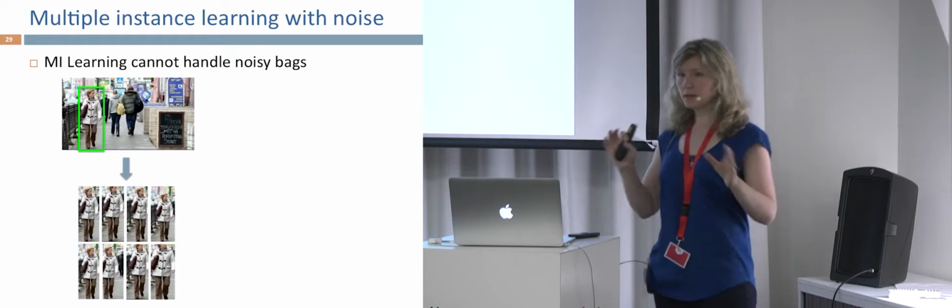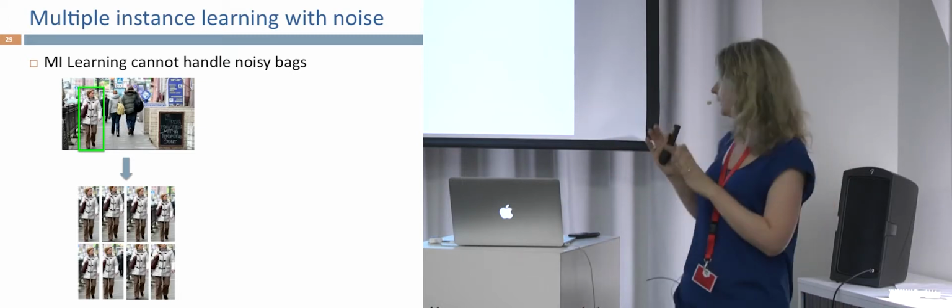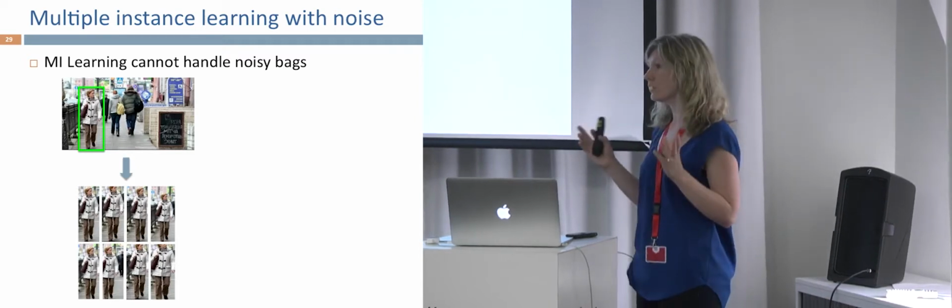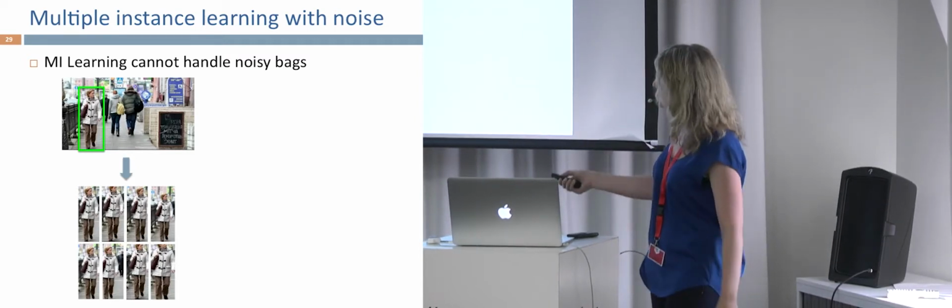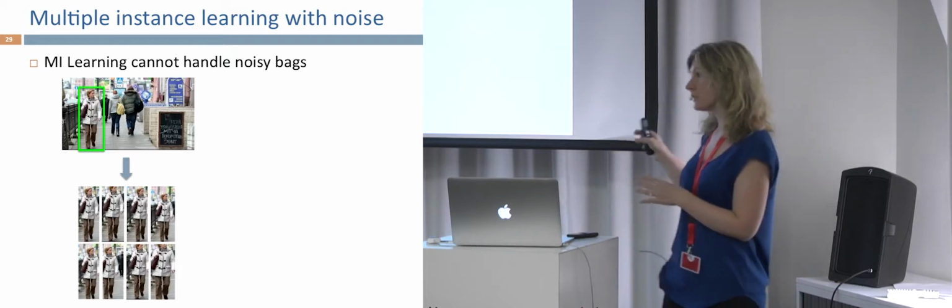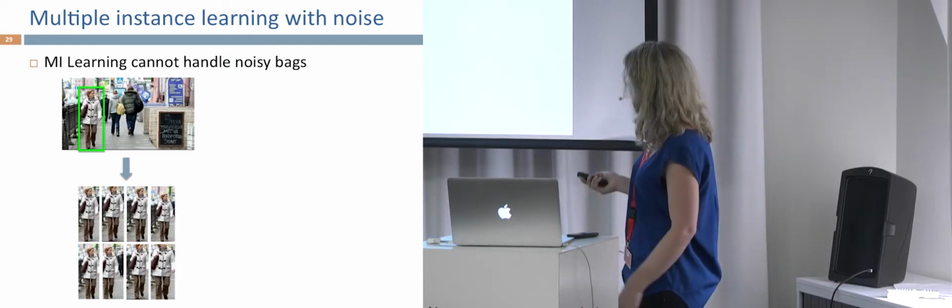Even though each region is not exactly on the pedestrian, a lot of them are very close. This kind of data is what current multiple instance learning methods are able to handle.